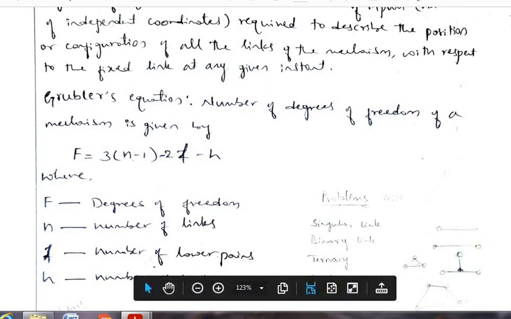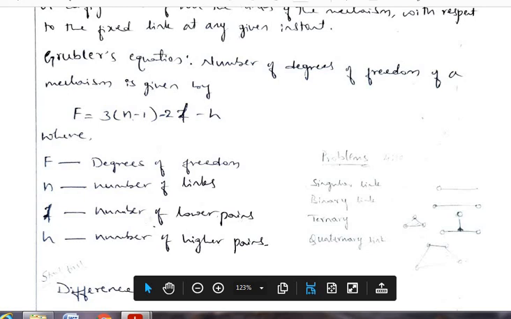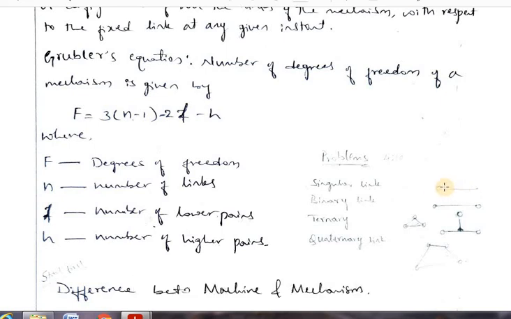And here we have symbols which are used for a single link. Here you can see one circle with a line. This indicates the singular link. If you have two circles at both ends of the link, then it is called a binary link.